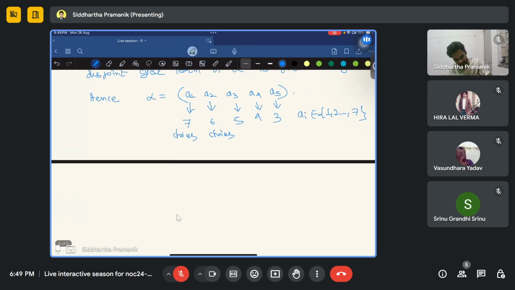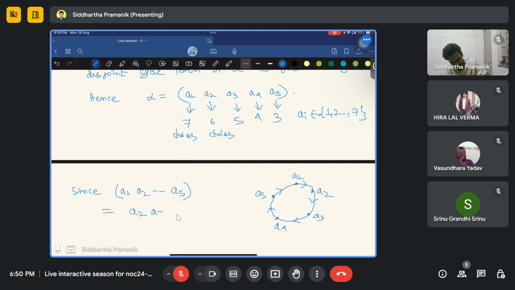But you can see it is a cycle, right? So instead of starting with a1, we can also start with a2 or a3 or any of the other elements. So the cycle (a1 a2 a3 a4 a5) is the same as (a2 a3 a4 a5 a1).